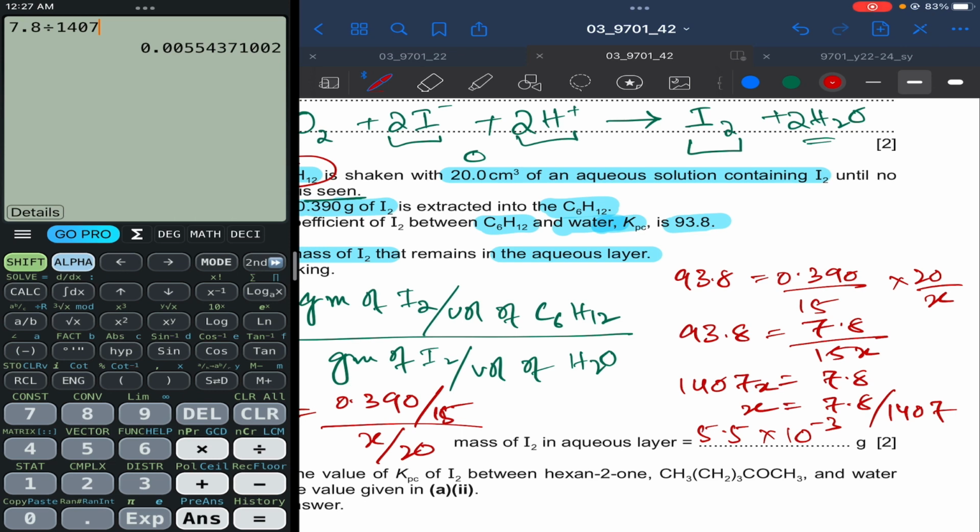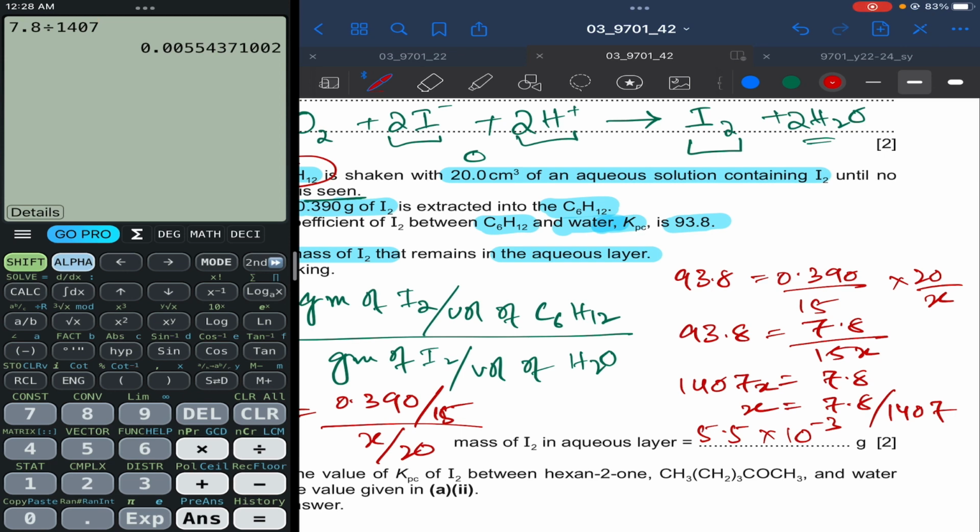This is the value of grams of iodine left in the water once most of it is extracted in cyclohexane at equilibrium. The amount of iodine present in water at equilibrium is 5.5 into 10 raised to power minus 3, so this is the answer for the first part of the question.